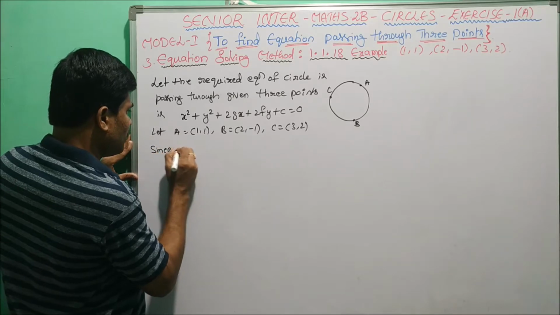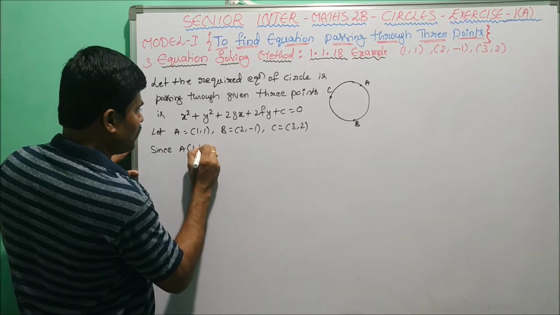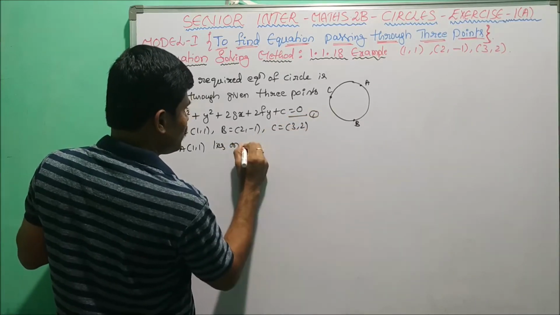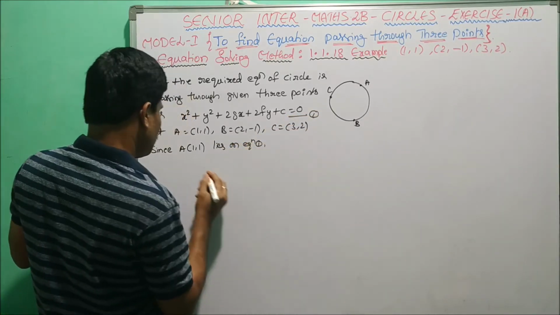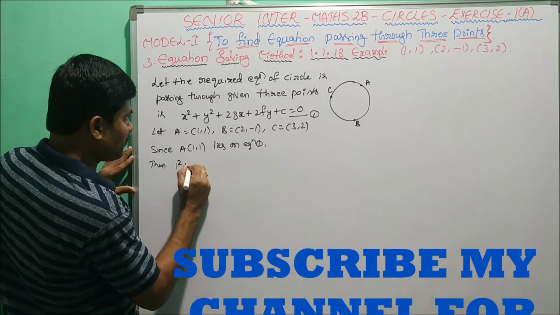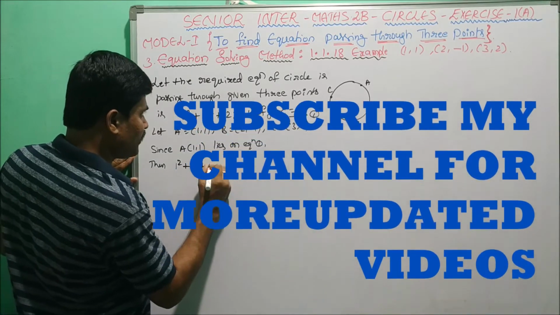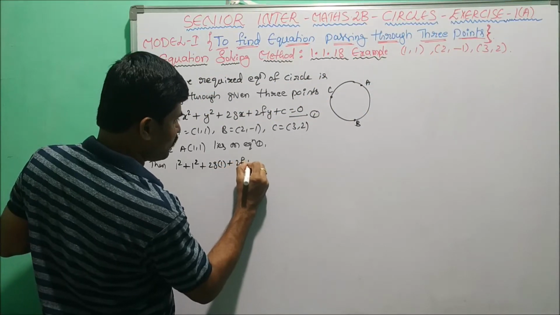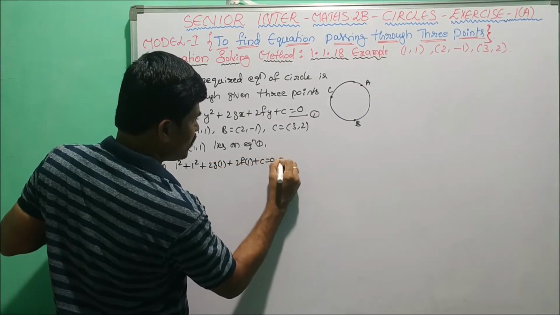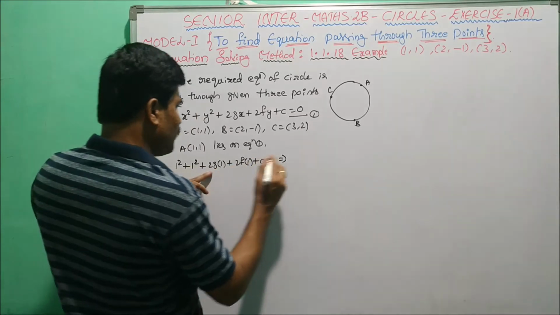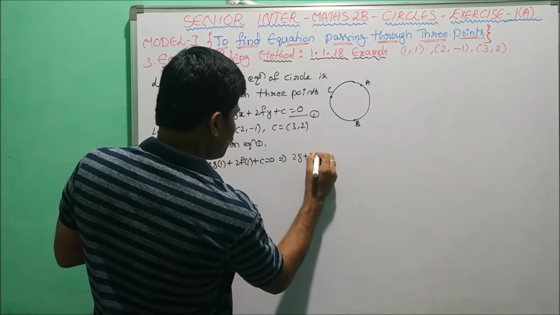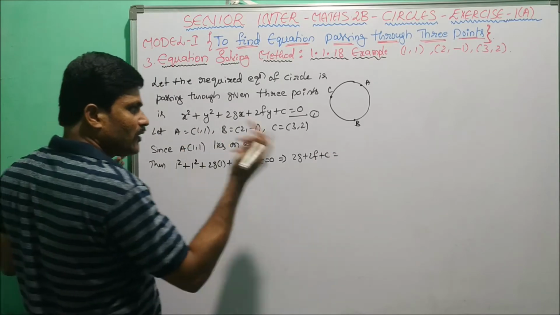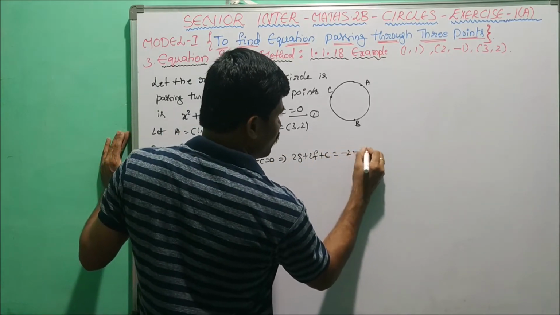Since A(1, 1) lies on equation 1, then 1 square plus 1 square plus 2g into 1 plus 2f into 1 plus c equals 0. Now it can be simplified: 2g plus 2f plus c, the constant is 2, we take it to the right side, that is minus 2, which is equation 1.